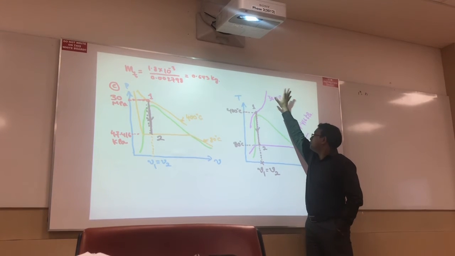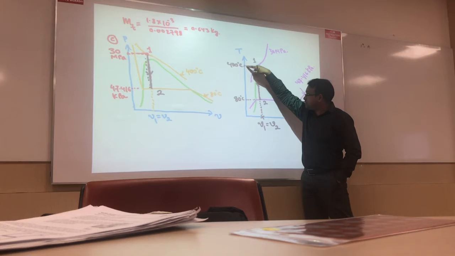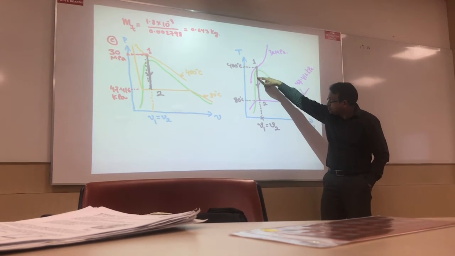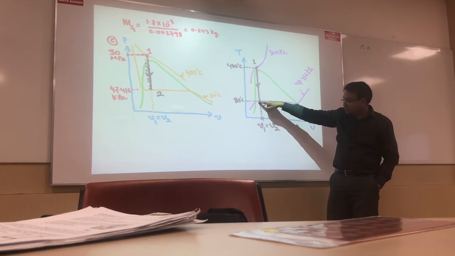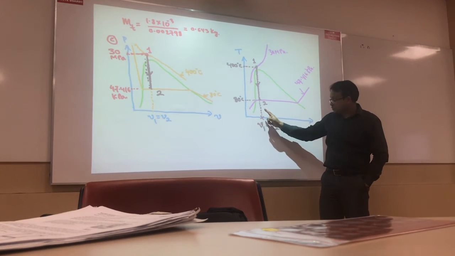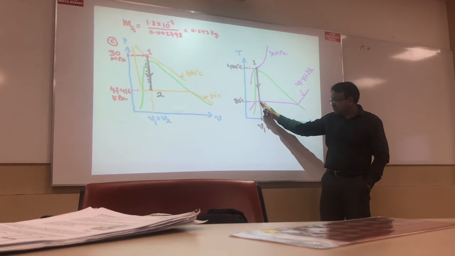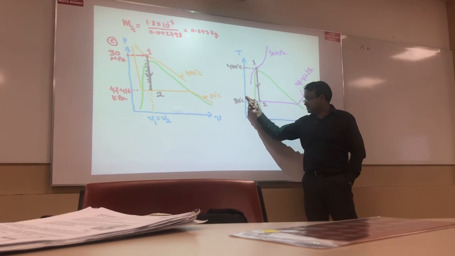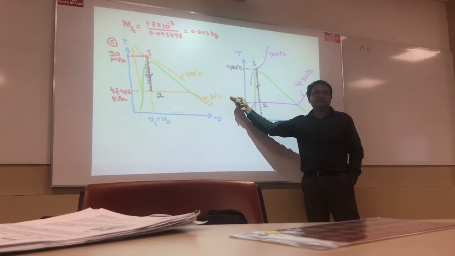Initially pressure is 30 megapascal with temperature of 400. This is state 1. If you cool down the system, it goes through a constant volume process. V1 and V2 are the same. So at that point, pressure is 47.416 kilopascal and temperature is 80 degrees Celsius, as given.